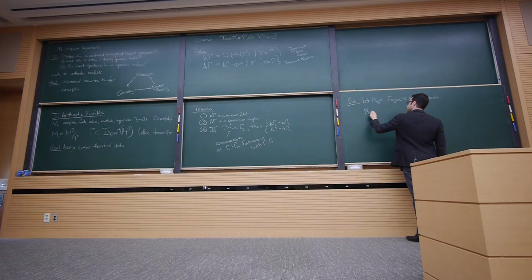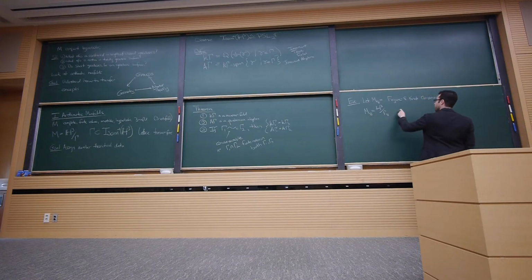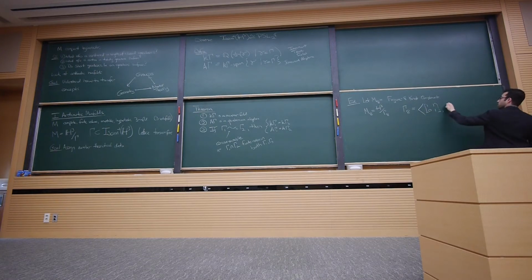Then M8 can be identified with gamma 8, where gamma 8 is generated by the matrices sitting inside of PSL2(Z[omega]), where omega is equal to -1 plus the square root of -3 over 2. And so this is a third root of unity.